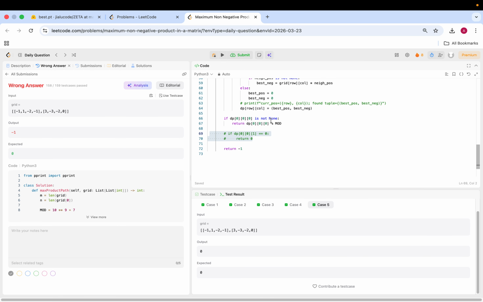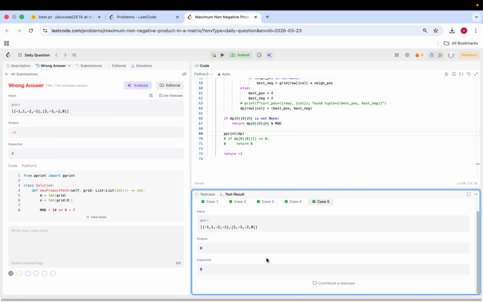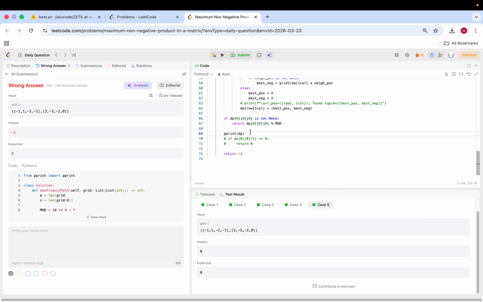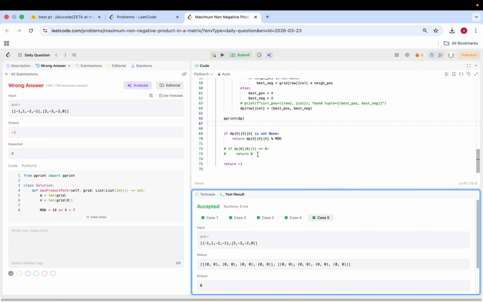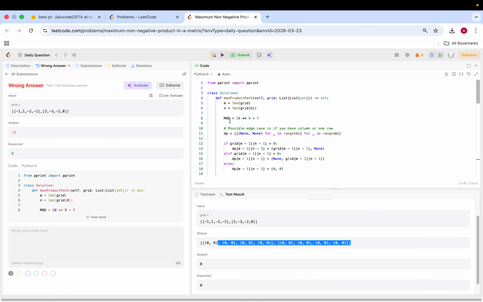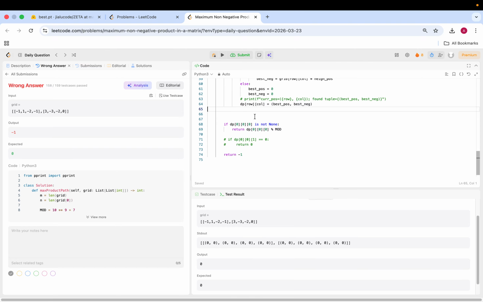So the base case failed, which is why. Now if I print DP, the 0 should have carried across. Damn it, I'm dumb. It returned. There you go. So basically there was no 0 to carry before. Now there is. All right, I think this should work.